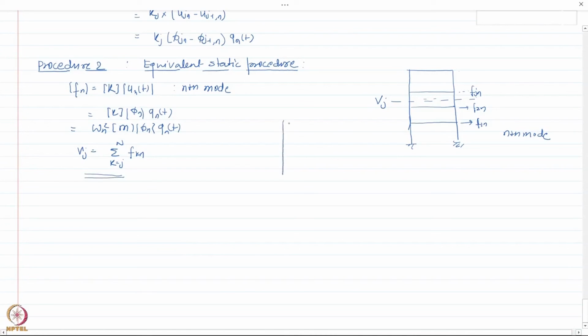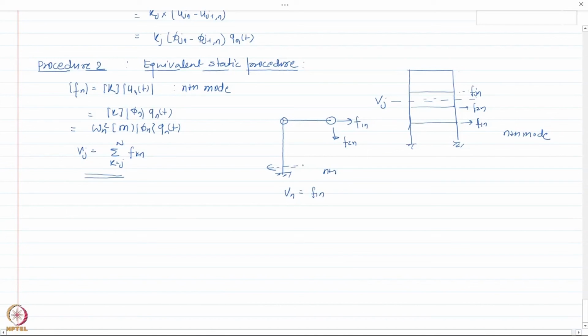Let us say I have a multi-degree of freedom system like this, and we can consider different modes of excitation. Let us say if the nth mode is there, we can apply F1n and F2n like that, and equivalently we can find out the base shear. In this case, the base shear in the nth mode would simply be F1 here if we consider the equilibrium.